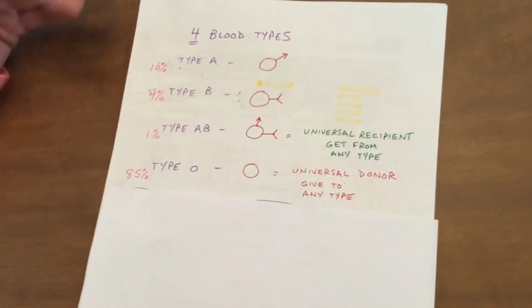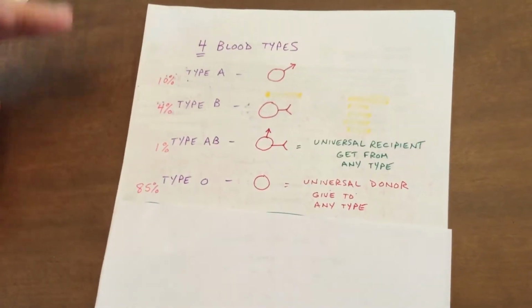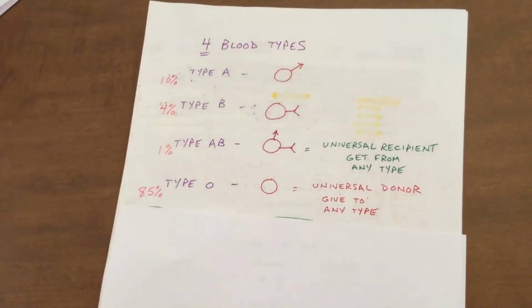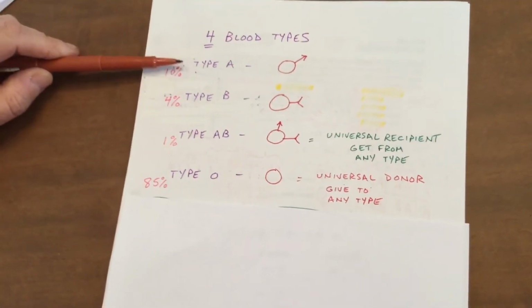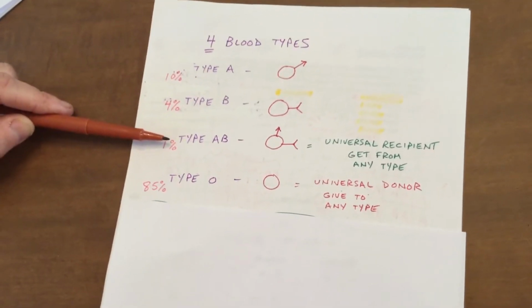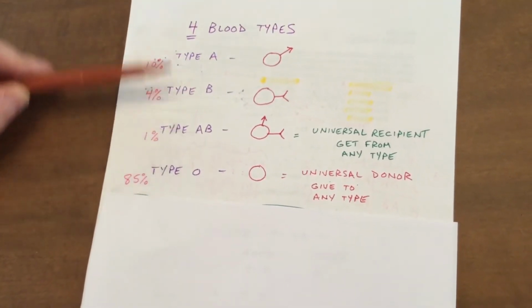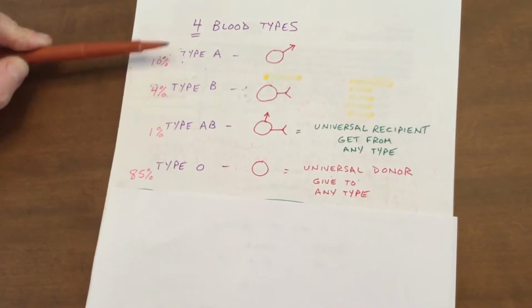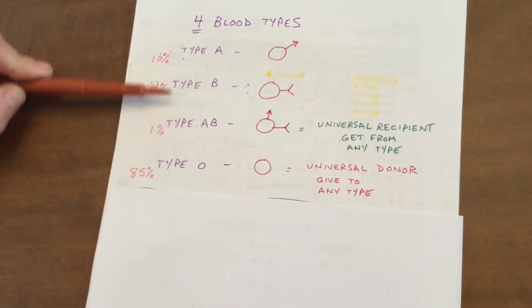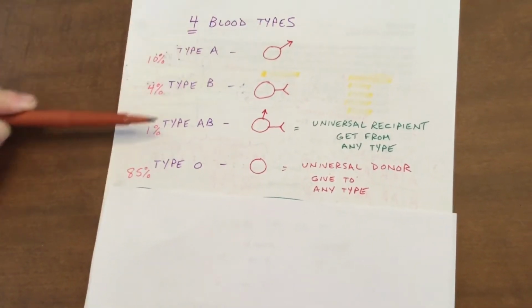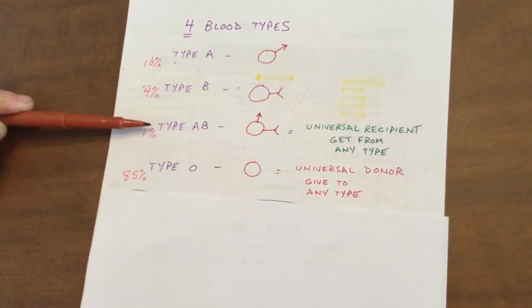What you should remember about your blood types is that there are 4 different types of blood, and the blood types you see here are actually your phenotypes. Some people are blood type A, some have blood type B, some have blood type AB. Blood type A is dominant, blood type B is dominant, but together they are co-dominant, meaning A is not dominant over B and B is not dominant over A, and we get them shown together at the same time.